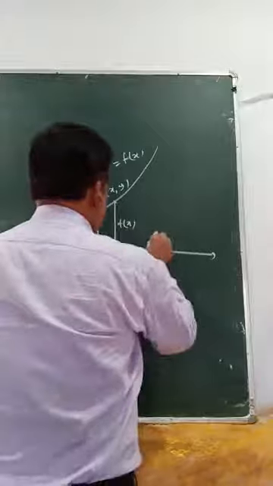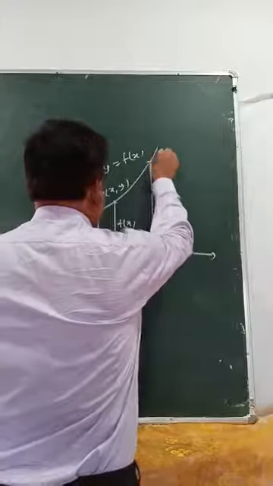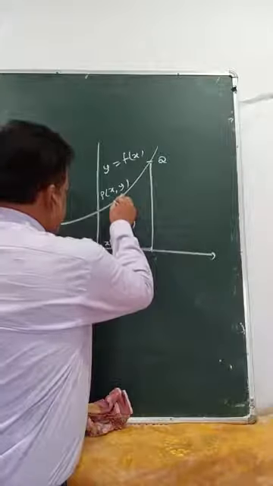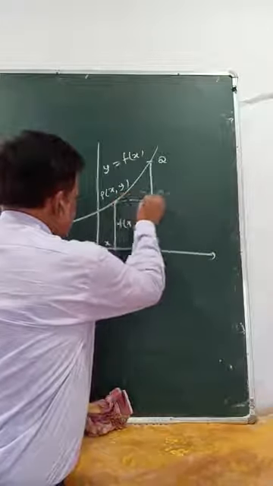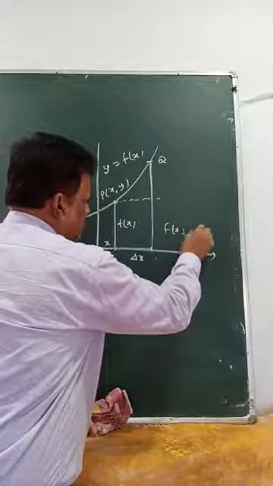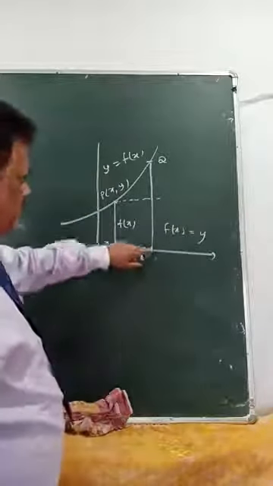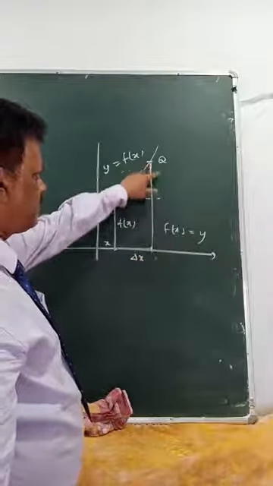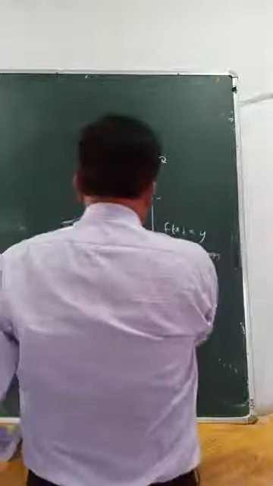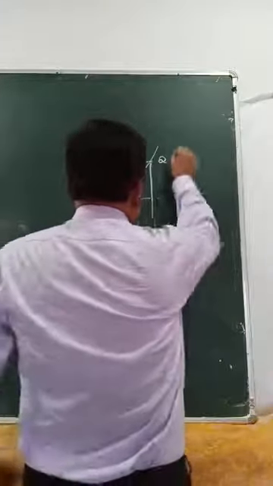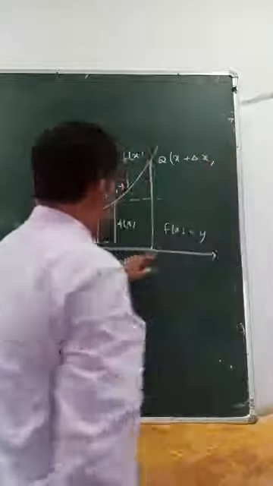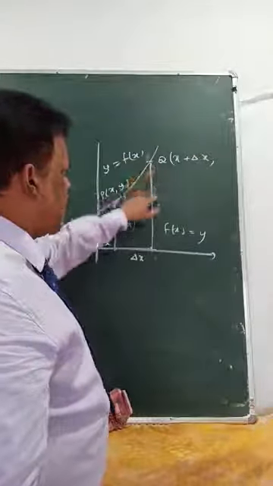Now if I extend it, I find another point Q. So obviously, if this is x, and this is f(x), which is y, then this one is more than that. So I can say this value will be x plus delta x, and corresponding to that the y value will change.